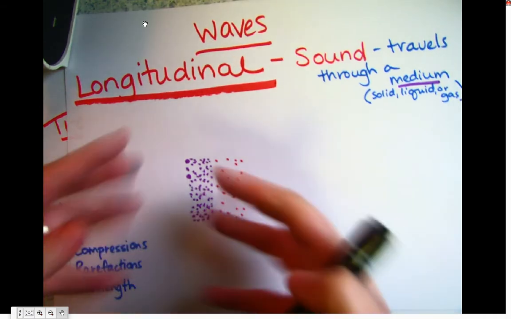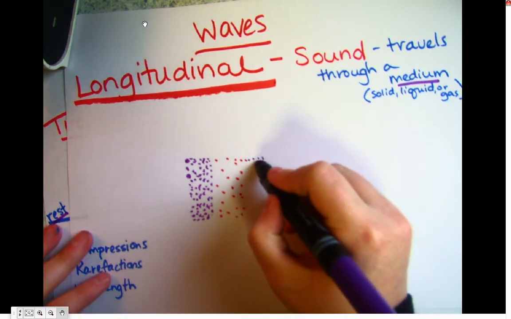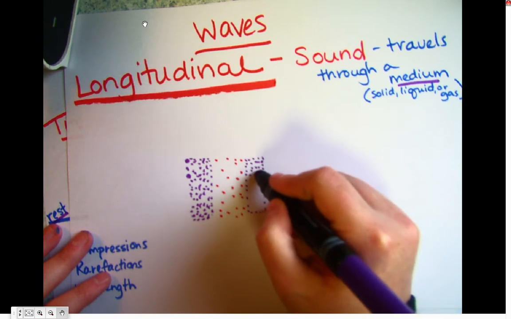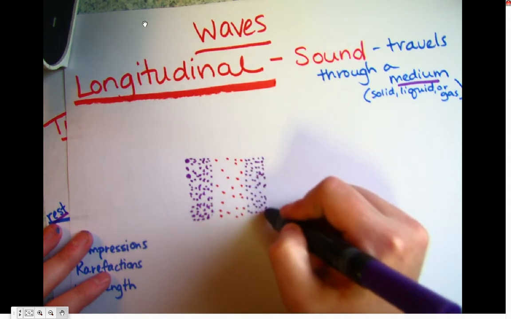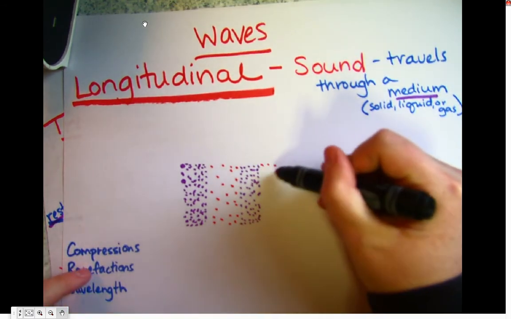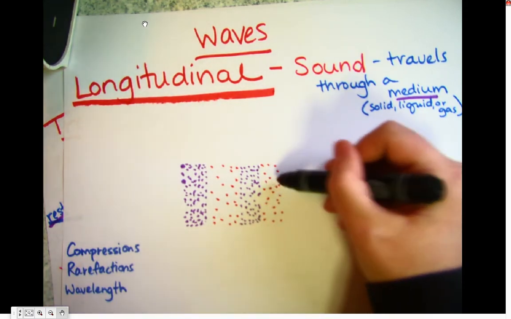Definitely this one, because those particles are really close together. So I'm going to do the same thing for the compression part of our wave. And then here we're going to have another, this is what you call rarefaction. We'll get used to saying that word, rarefaction.